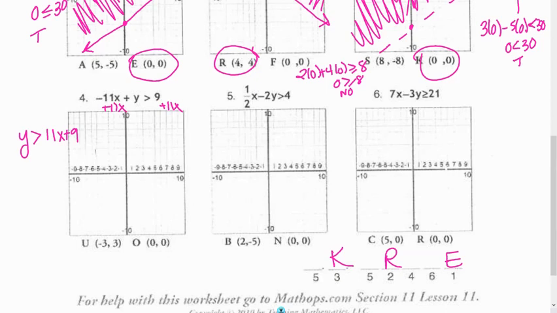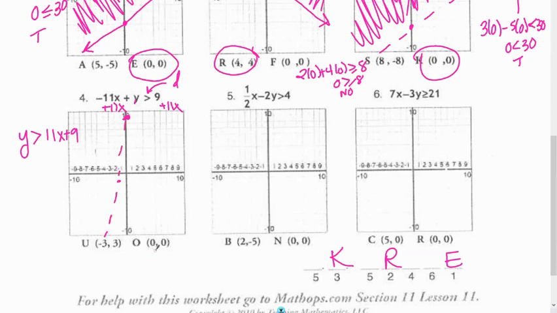So that means that my y-intercept is 9, which is about right there. My slope is 11. So my next point is probably like right there. This one's really tricky to get all the dots in. Do your best. And then this is going to be a dashed line. So I'm going to try and get my dashed line in here.